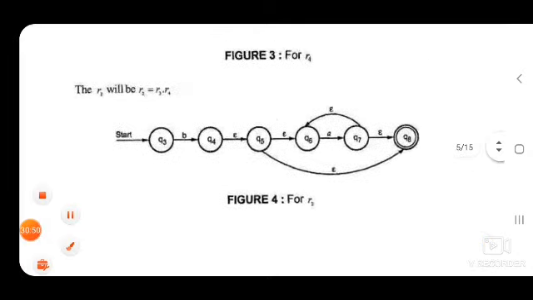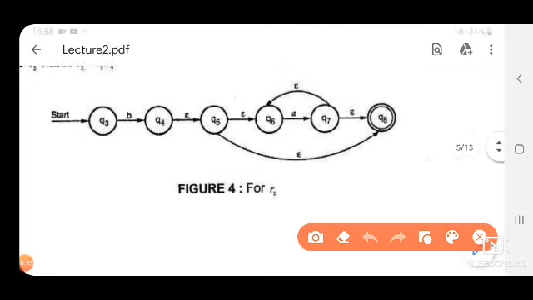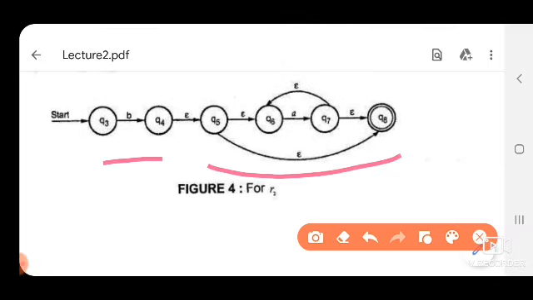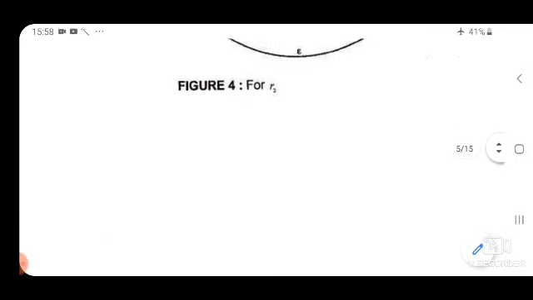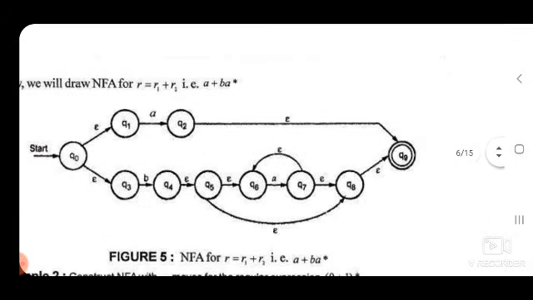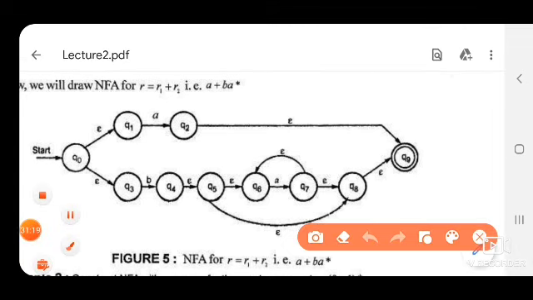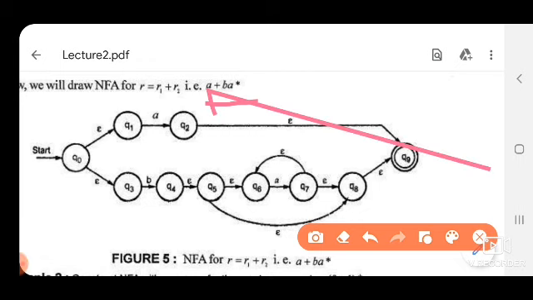Here this is for a asterisk and this is for b. So, this whole figure is for b a asterisk. Here we have used null to join the NFA of b and a asterisk. Finally, we have initially drawn the NFA for a, then the NFA for b a asterisk, and then combined them.